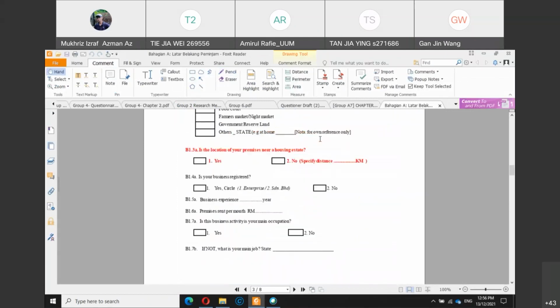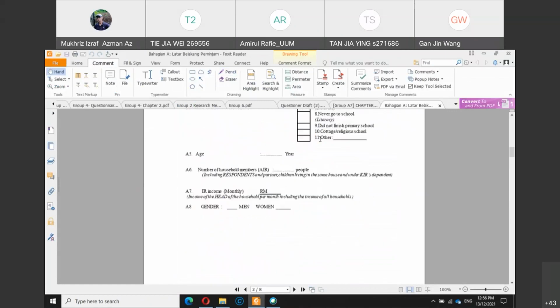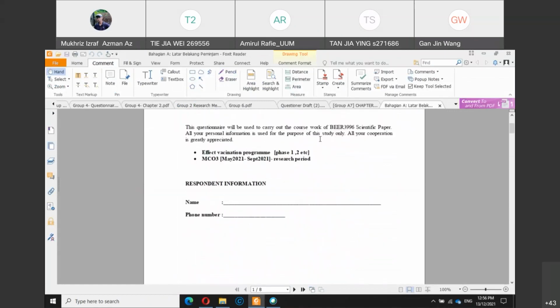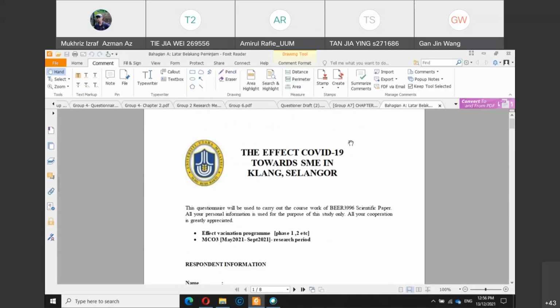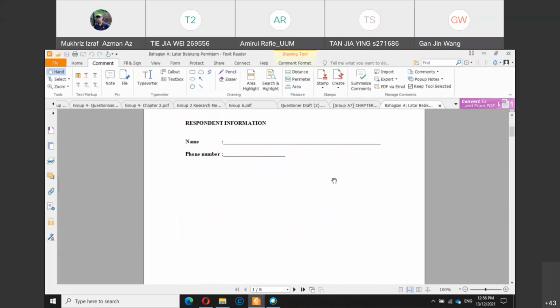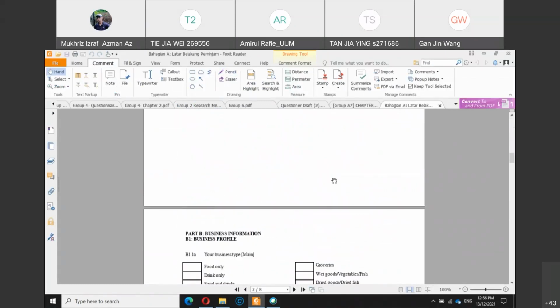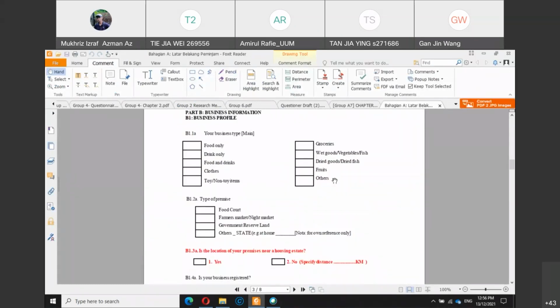So, yang ni group 8. So Kelang SME ni you all dah dapat dah senarai. How many SMEs are in Kelang, Selangor? Group 8, mana group 8?